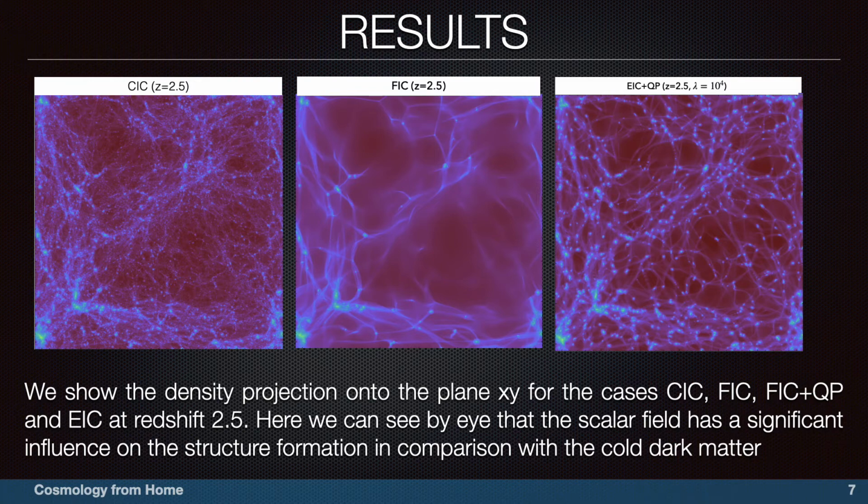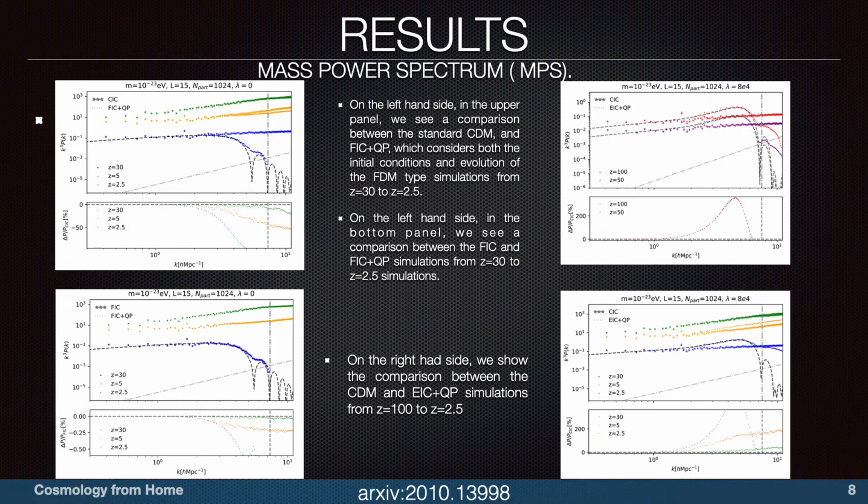For this, we use the mass power spectrum. The results of this are this. Here we see the evolution of the power spectrum. For all cases, in gray, we put two lines of reference. The slanted line represents the scale of the shot noise, and the vertical line, the scale of confidence in our results.